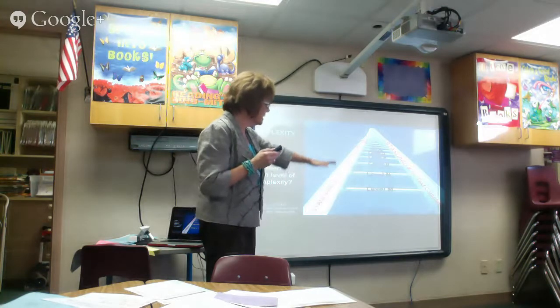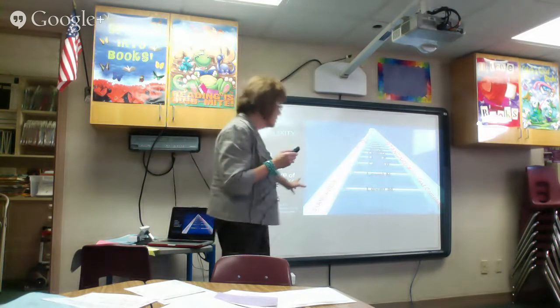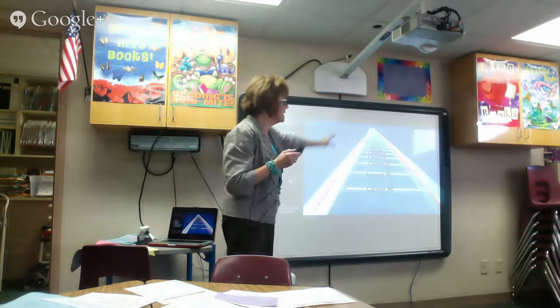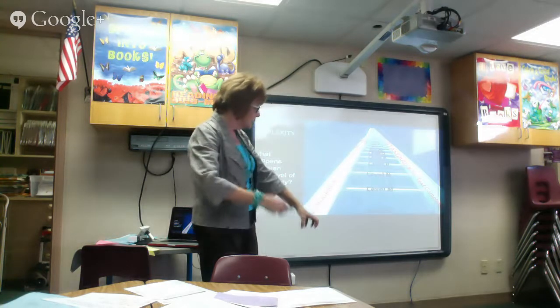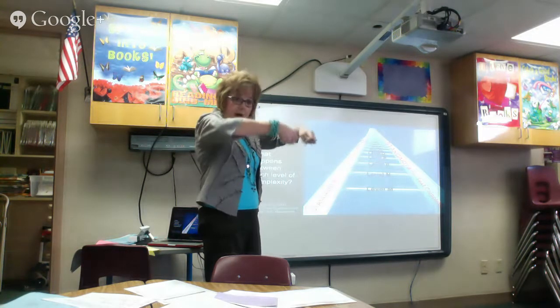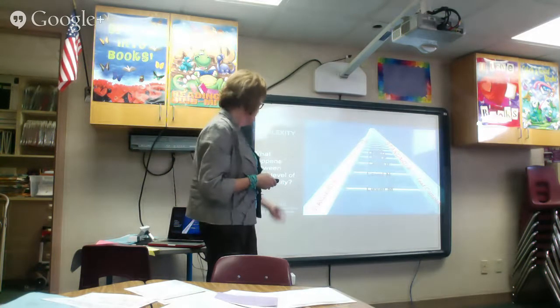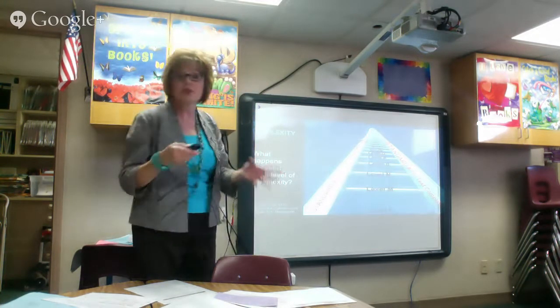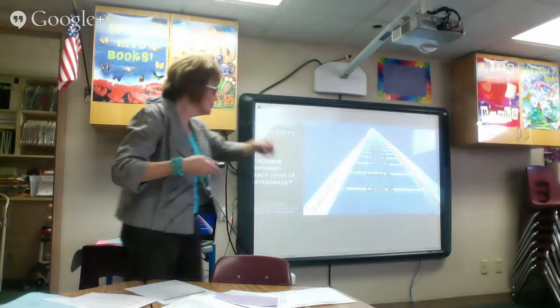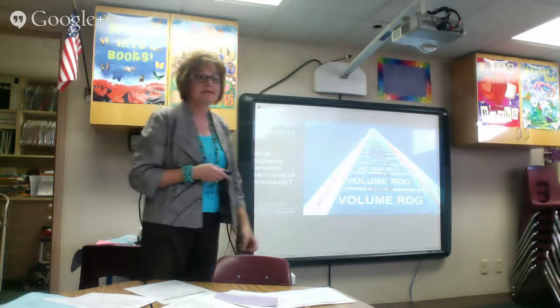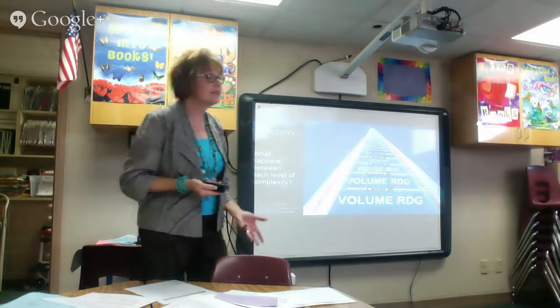So if you're doing close reading of complex texts, you're trying to model and pull them up and show them the thinking of more complex texts. But what happens in between that close reading that you're doing? The volume reading.